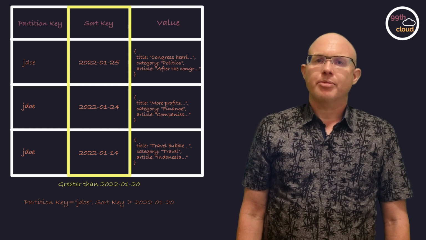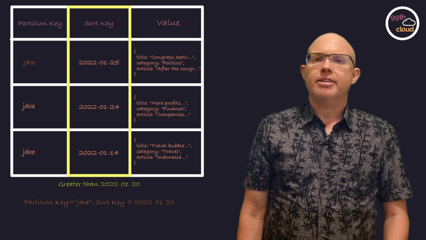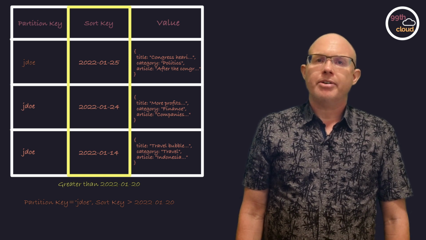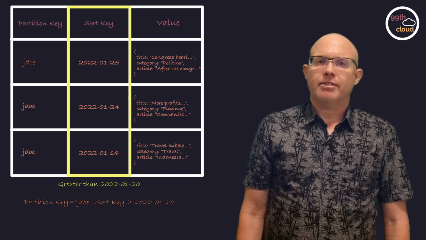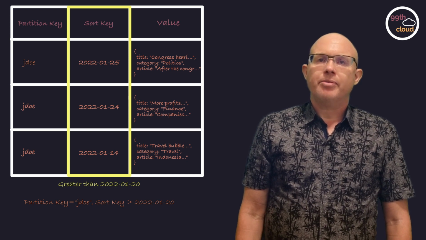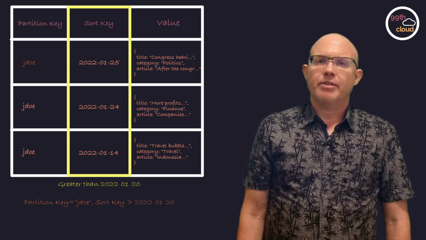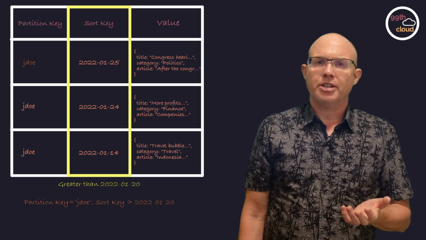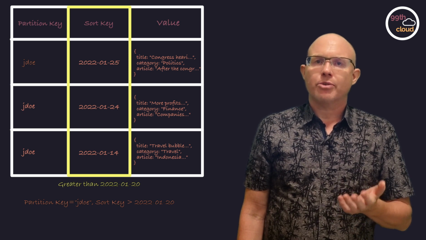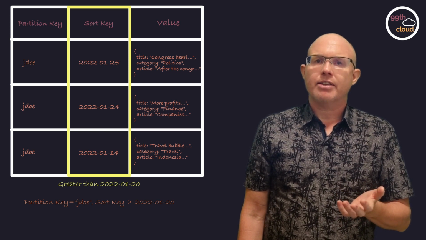So if we, for example, have a list with articles from different authors and we would want to query for the newest articles, we could use a query that has the author as the partition key and the date as the sort key. This way we can query for the articles that were created after the 20th of Jan 2022, for example, by using the greater than option and would then only get back the first two results.